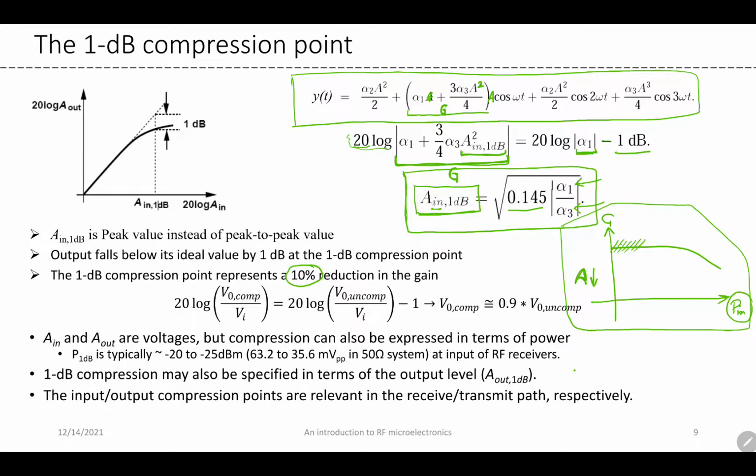You simply have to multiply by that particular gain factor, or if you're working in the dB scale, you simply have to add the gain in dBs and you can get the corresponding output at which the compression is 1 dB. So you can express it both in terms of input powers as well as output powers.